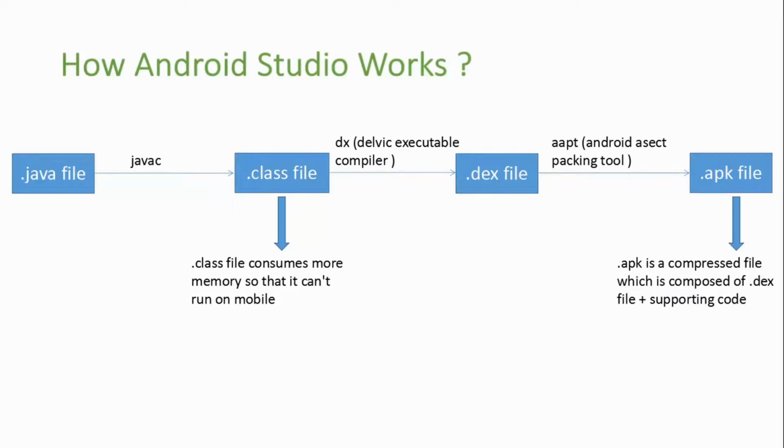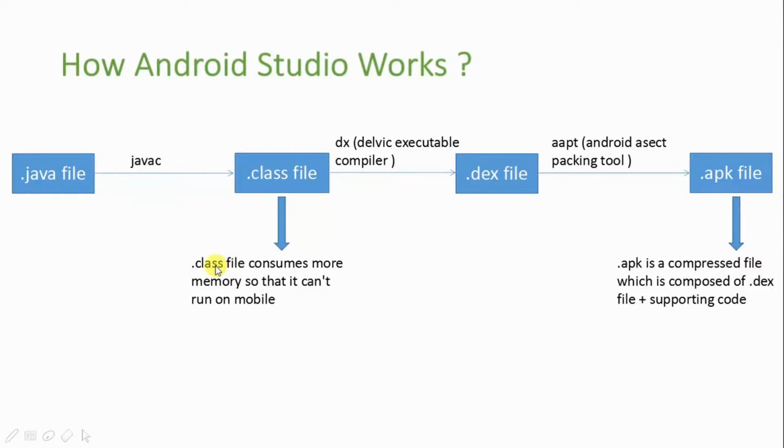Now let's have a look at how Android Studio works. The code we type in Android Studio is written in a Java file, and after compiling through the Java compiler, that is javac, it is compiled into a .class file. What is a .class file? It contains the bytecode of the .java file, which is machine understandable code.